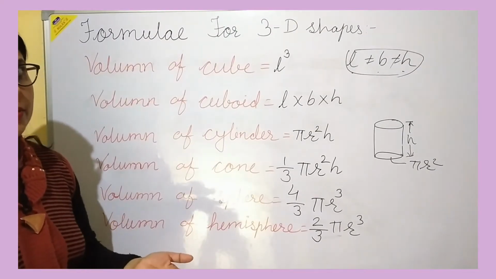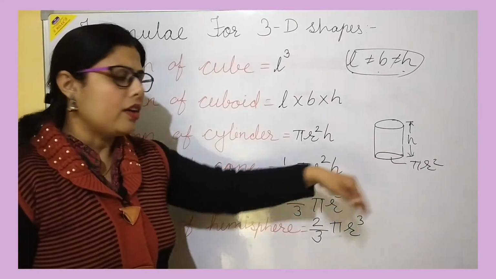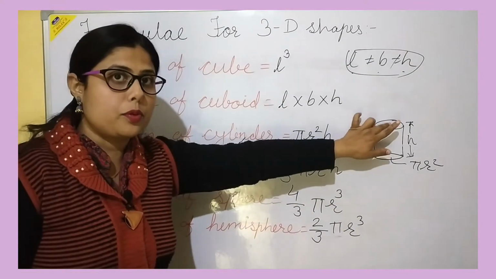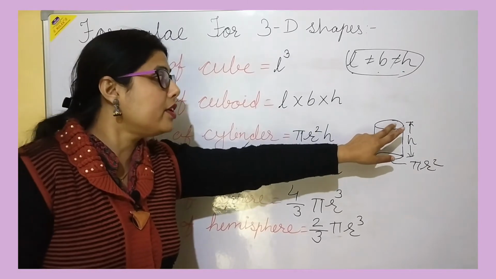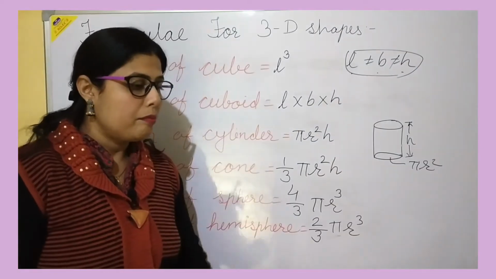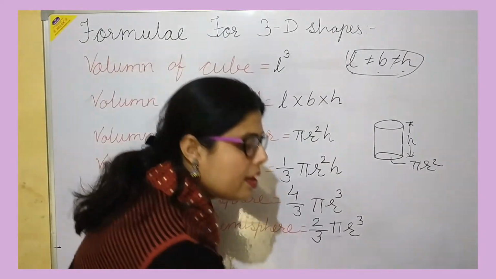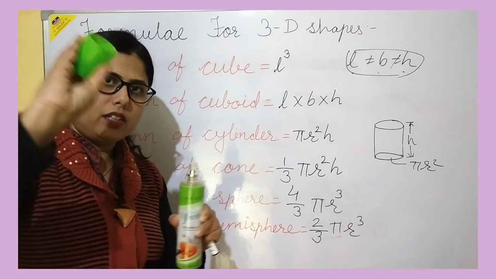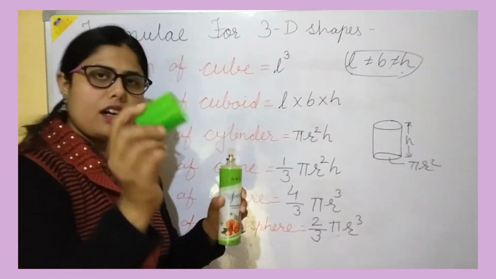Next, volume of cylinder. We know the shape of cylinder. Whatever we put inside, we don't have to count the top portion, because it is only the cap, so we will not count it.